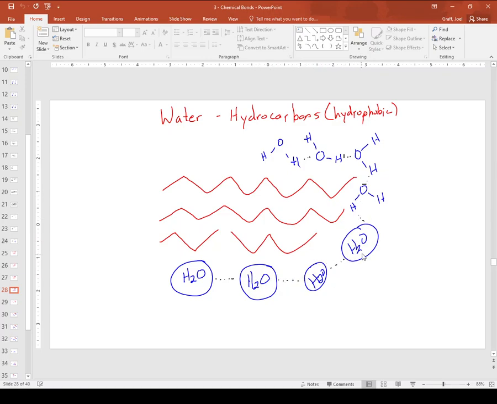I got a little lazy here in how I'm drawing it, but the water molecules would completely form a wall around the lipid droplet, and so this would be like an oil-water immersion where you've got a little oil droplet that's suspended in water.